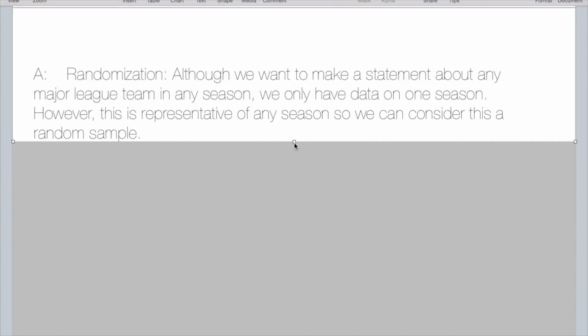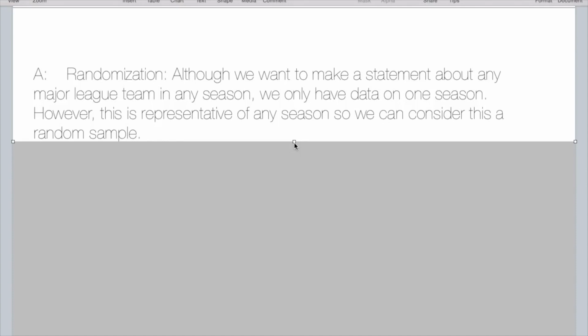This is a question in all of Major League Baseball. Right? So our population is really every possible Major League Baseball game ever played. Is there an actual home field advantage? And so, is it random? Well, we only have data on one specific season in 2007.